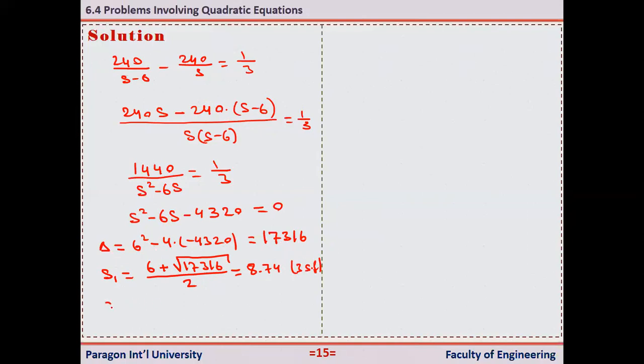And the second answer will be 6 minus square root of 17316 over 2. Actually, this is a bigger number than 6, and when we simplify this, we will get a negative number, which is rejected. We do not use a negative number for speed.